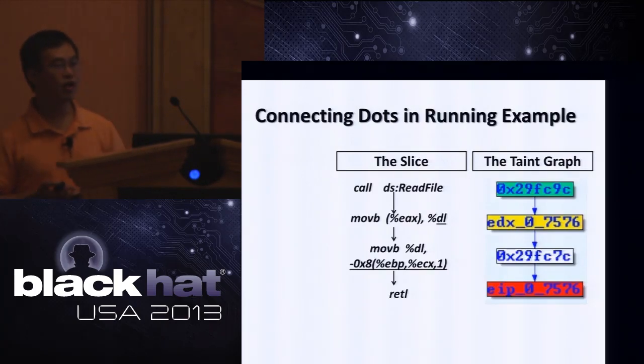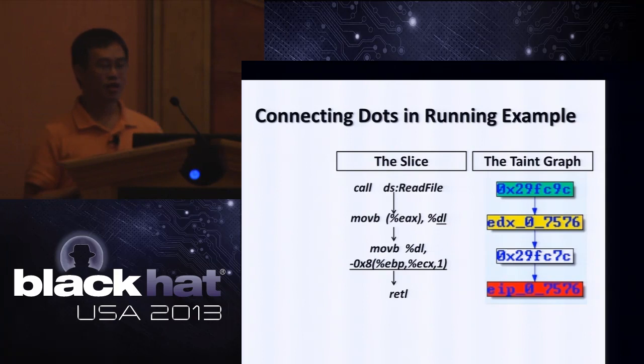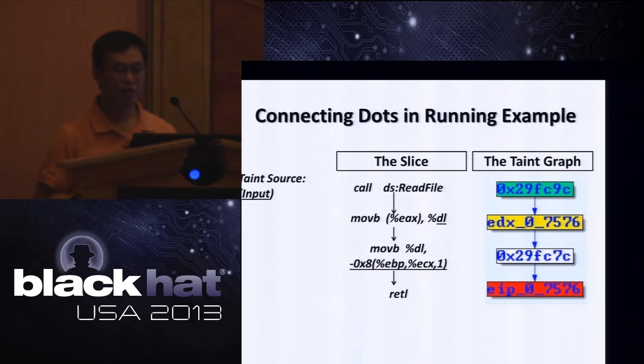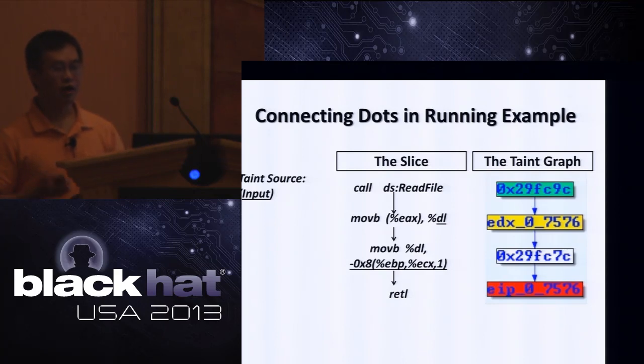So back to our running example. If you see what it's for in this short example, we have the Taint source. That's the data we read from this instruction, read file. And on the right side, you see the Taint graph.